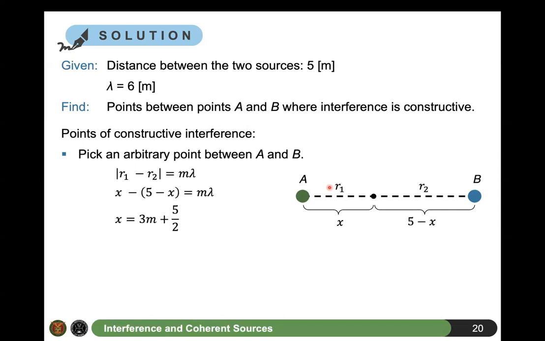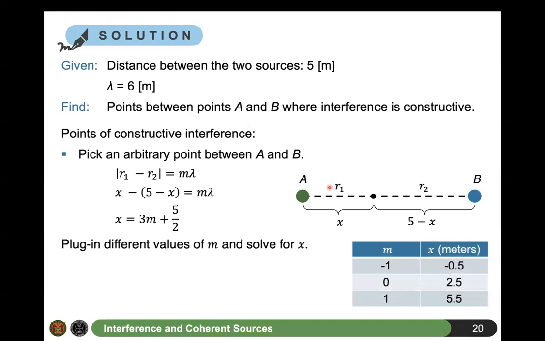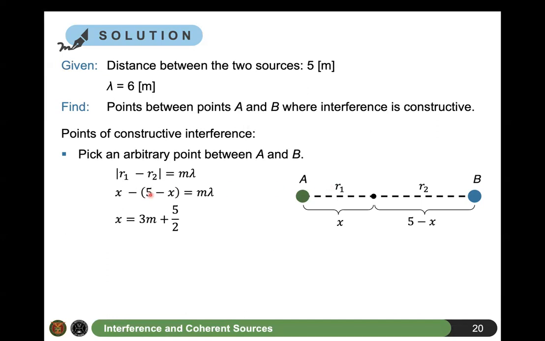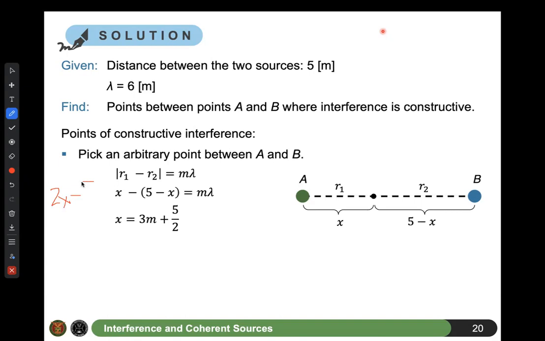And then, konting algebra lang, and we get this. Yung X equals (3m plus 5) over 2. So, isolate natin si X. So, again, lambda is 6. So, 6m to. So, this left-hand side magiging 2X minus 5.